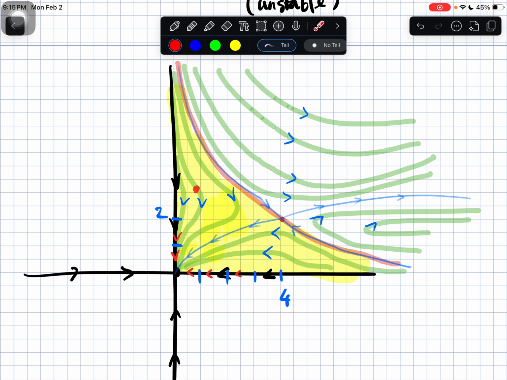No matter the initial condition, if we start below the red separatrix, then it will be extinction. If we start from somewhere above the separatrix, then they will grow unbounded.